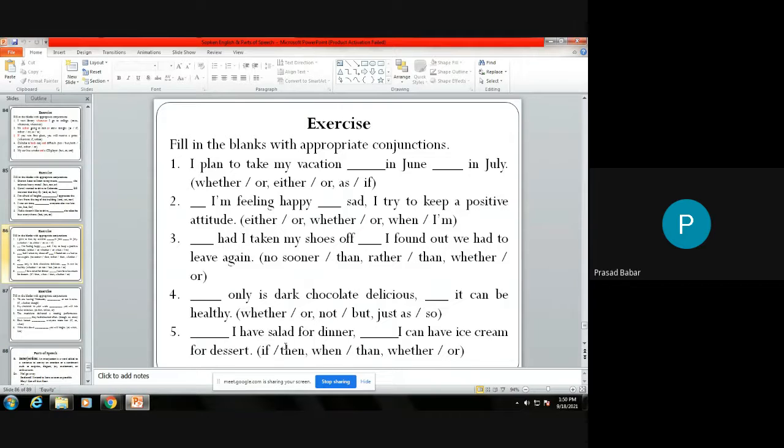Then the fifth example is: dash dash I had salad for dinner, dash dash I can have ice cream for dessert. Okay. And options are if then, when then, whether or.